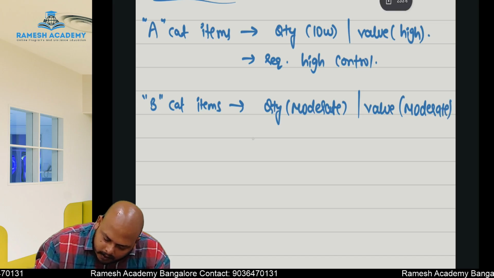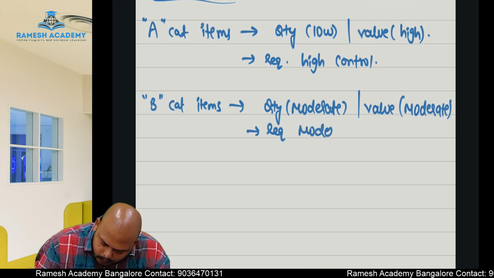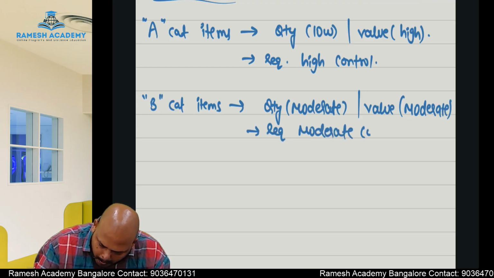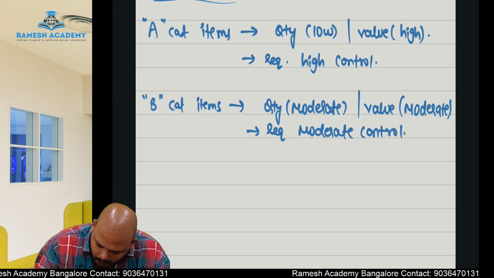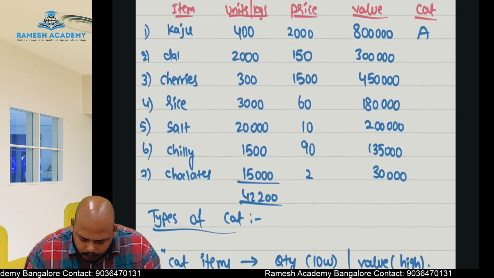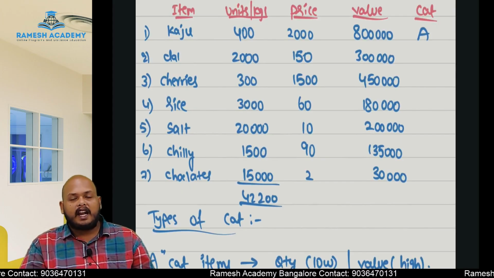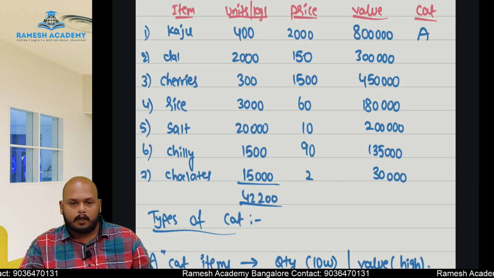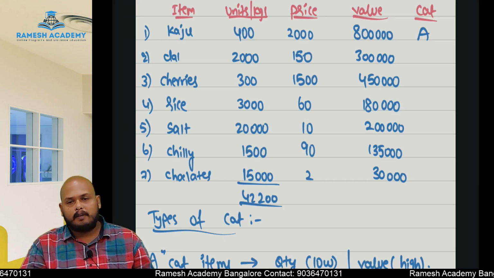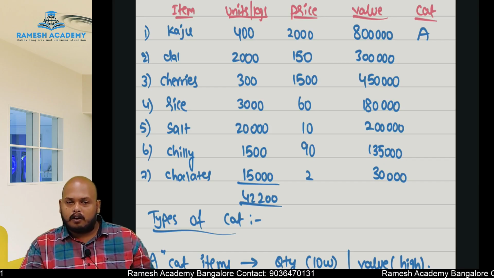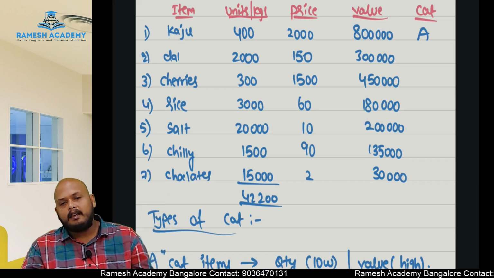Value will be moderate. Requires moderate control. Requires which control? Moderate control. So B category items are nothing but quantity will be moderate and the value also will be moderate. It is not least, it is not highest, it will be in the middle.